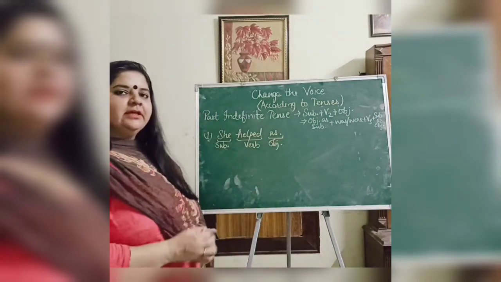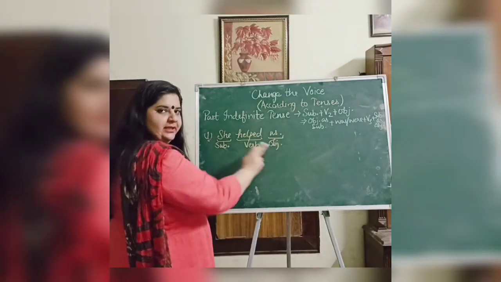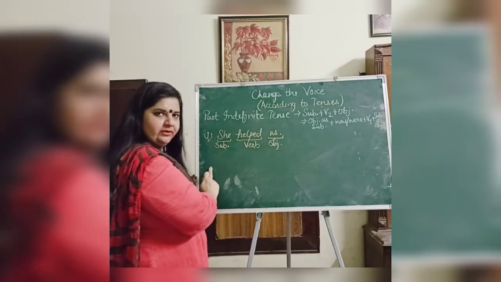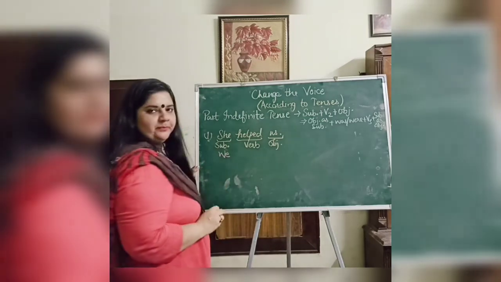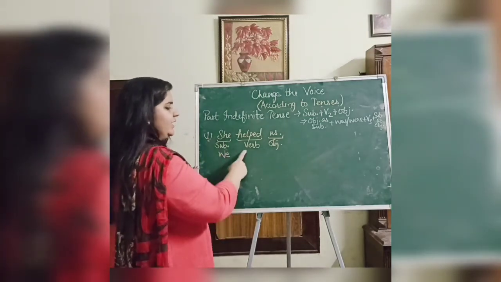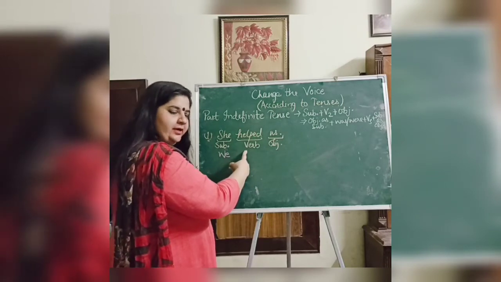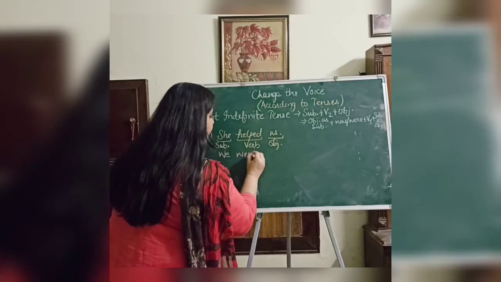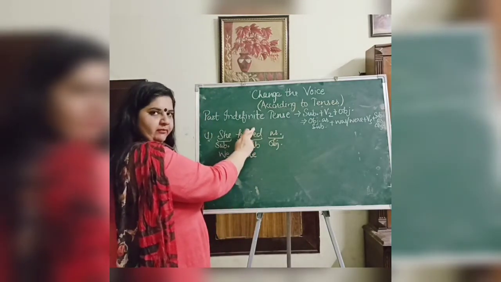We'll change it into passive and us will be in the lead now. But when us will come in the beginning of the sentence, it will become we. In this case, the helping verb used will be was or were, because we is plural, were will be used. We were.